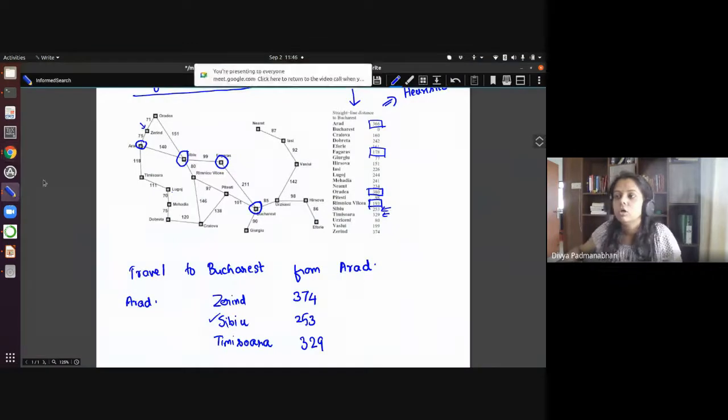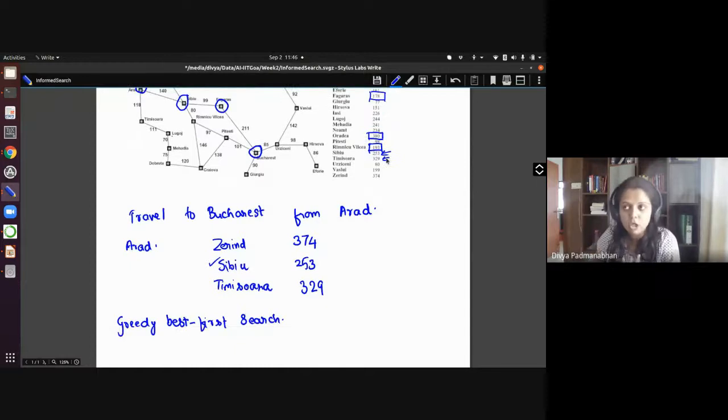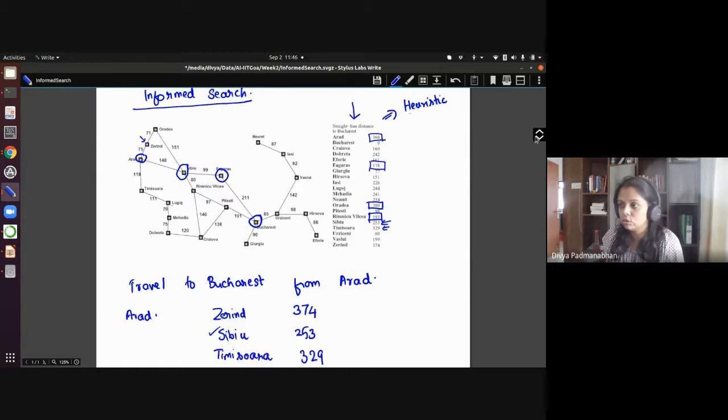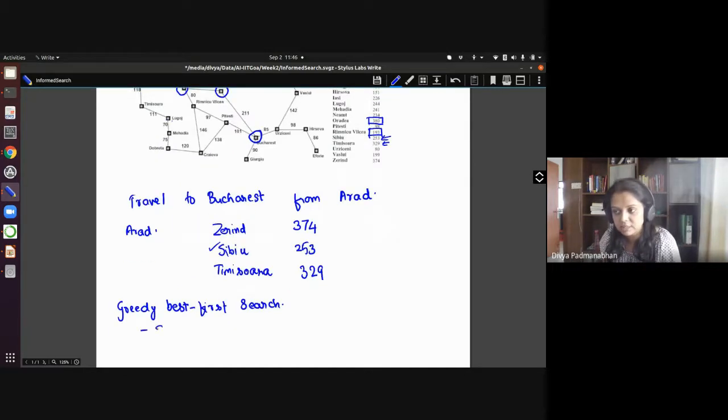Okay, coming to this example, how you would implement this is exactly like uniform cost search. You start off at Arad, and here there are three neighbors. You will push all of them into the priority queue, but the priorities will be given by the heuristic. It's the same implementation as UCS because you want to ultimately be able to get to Bucharest.